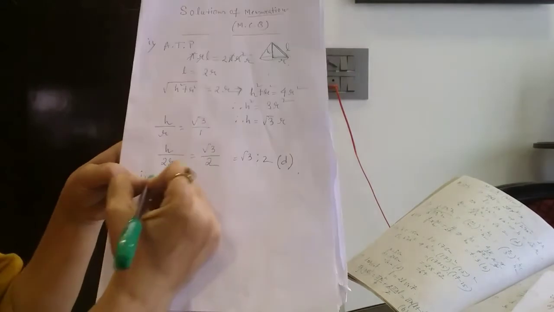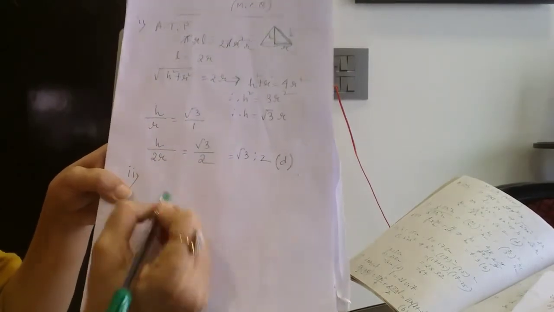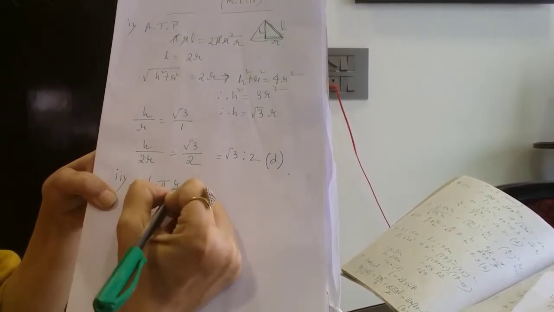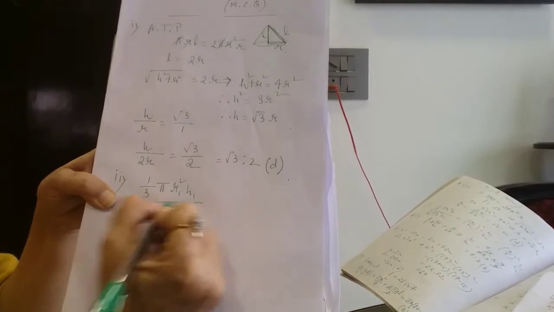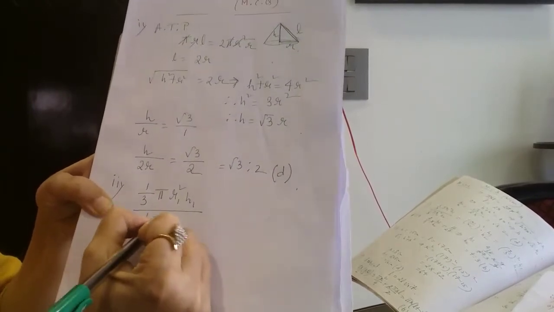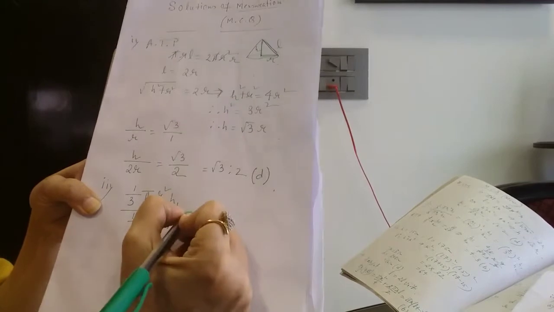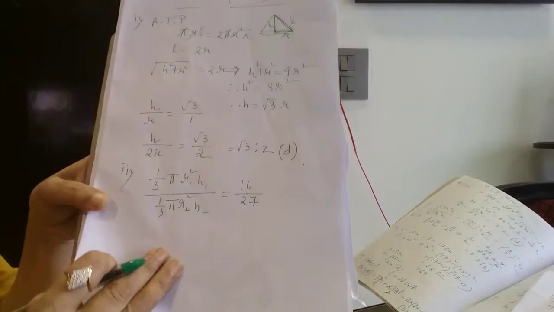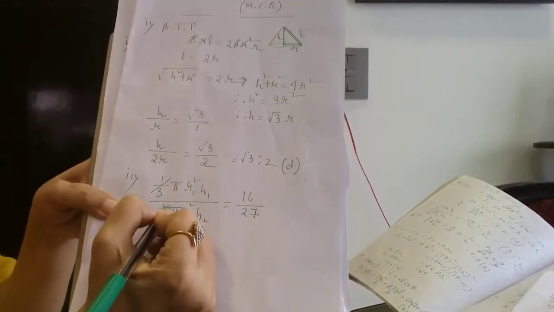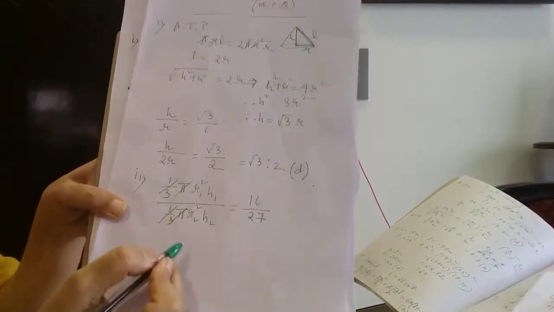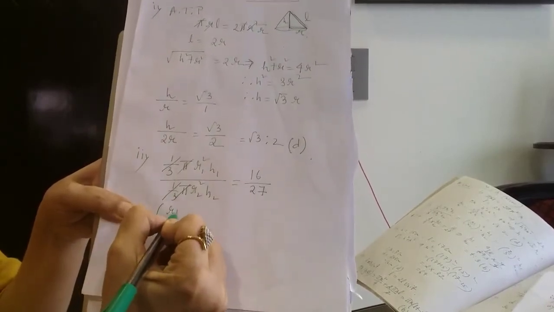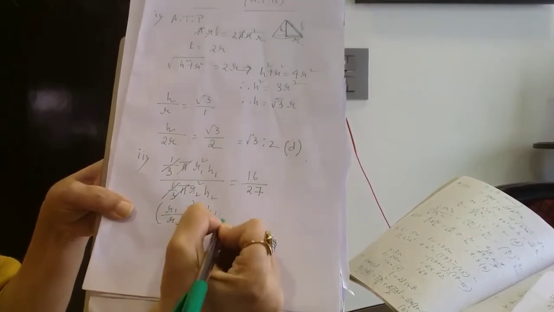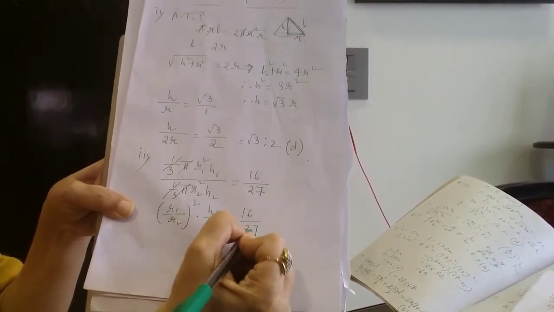So according to the problem, the ratio of volumes of the two right circular cones is 1/3 pi R1 square H1 by 1/3 pi R2 square H2, which is given as 16 by 27. Now 1/3 pi will be cancelled out, and here we can write R1 by R2 whole square into H1 by H2 equals 16 by 27.